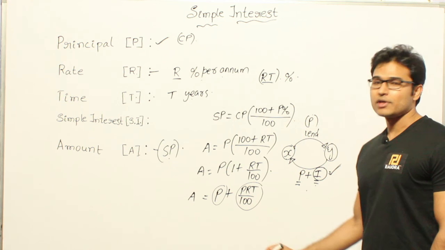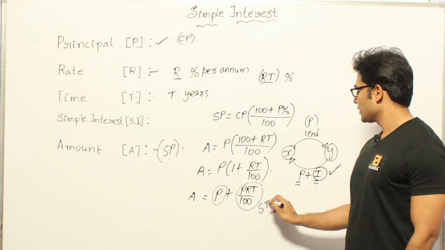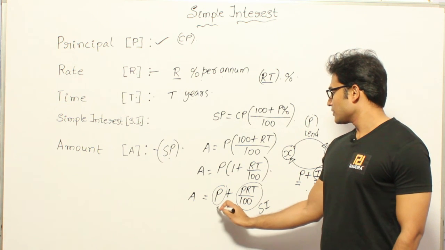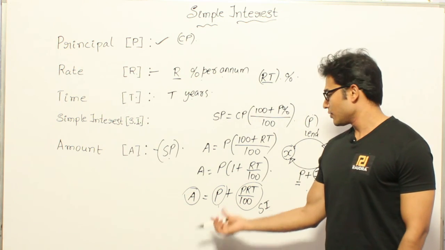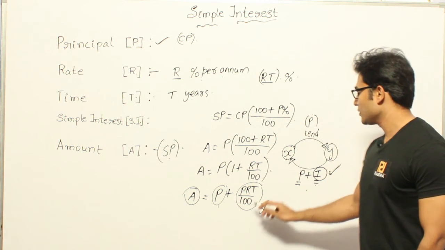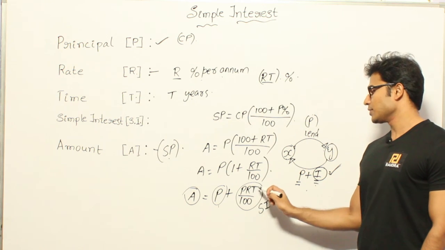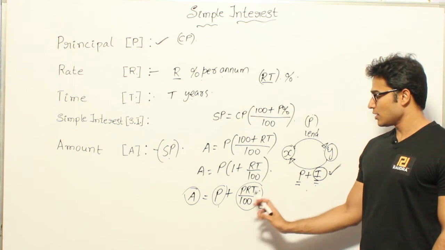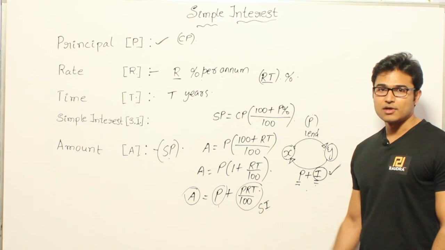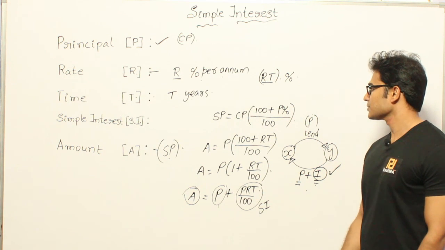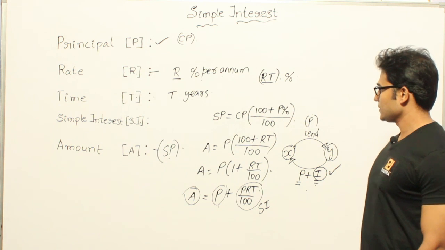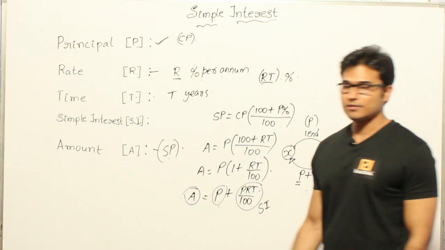And what is this more? It is nothing but the simple interest, right? So this is the simple interest, this is the principal, and this is the amount. Got it? Now the questions in this will be, given the rate of interest and the time of investment, they will ask you what is the simple interest that you get, or what is the amount that you get. Like that questions can be asked in this. Okay, so we shall see some questions and gradually we shall build the concept. Okay, fine.